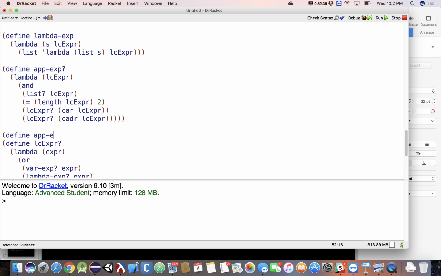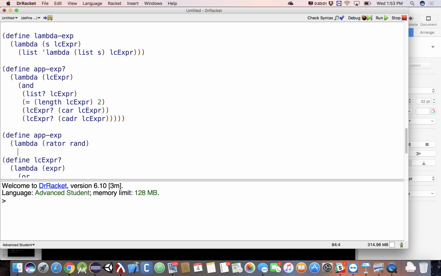Define constructor for app expression. What are the pieces to the puzzle for an app expression? Okay. The direction the book's going to go with this is it's going to call it the operator and the operand. And we've already seen that when we looked at our observers. But he's right.